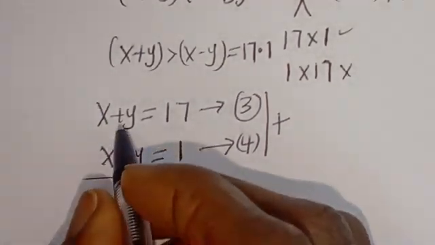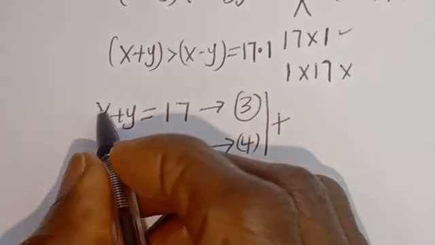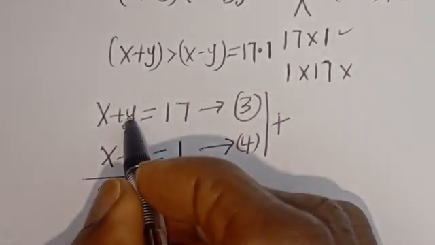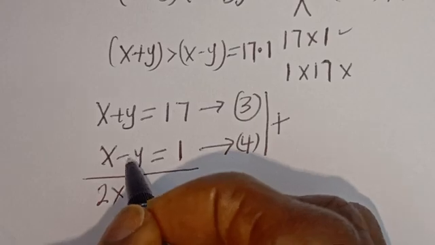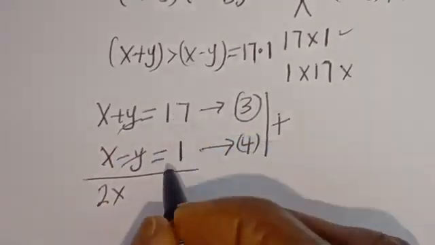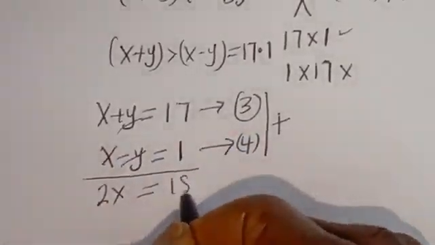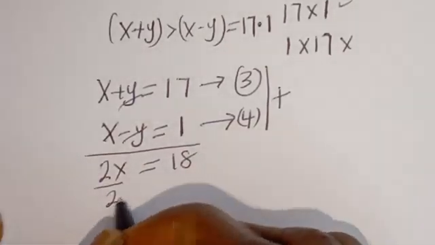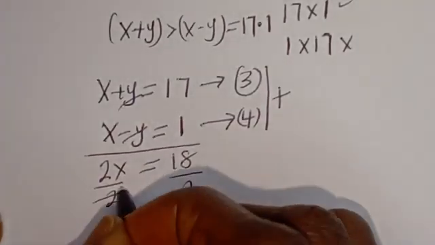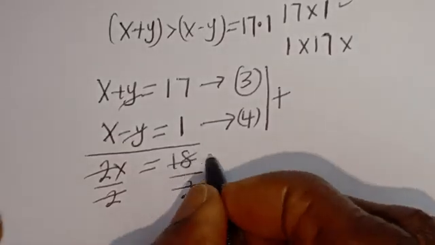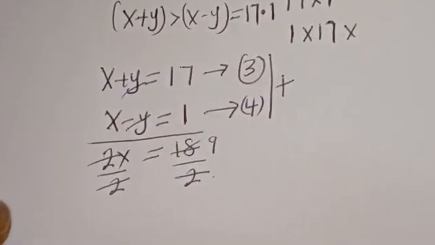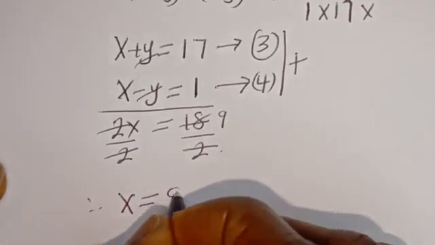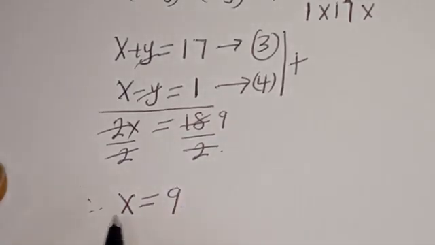If you add them, x plus x is 2x, then y minus y will cancel, and 17 plus 1 is equal to 18. Let's divide both sides by 2. Therefore, x is equal to 9. We've got the value of x.